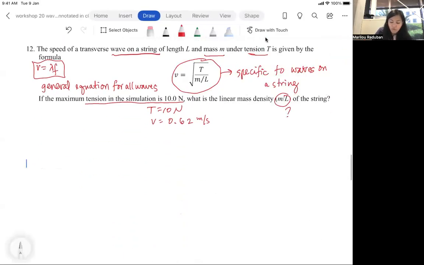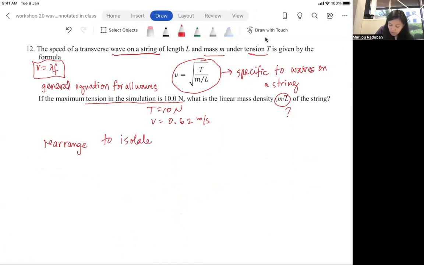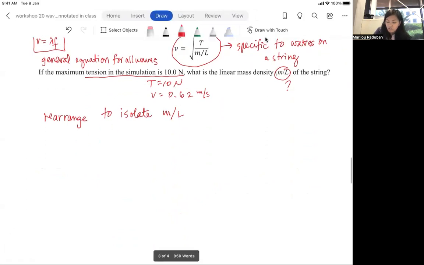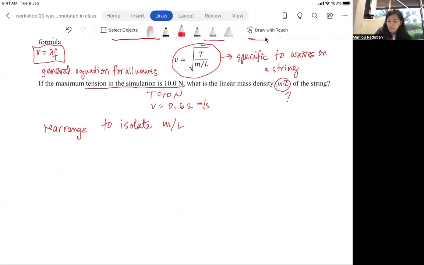So we need to rearrange the equation to isolate M over L. It's a little bit tricky because M over L is in the denominator. The easiest case is when what you want to isolate is in the numerator.